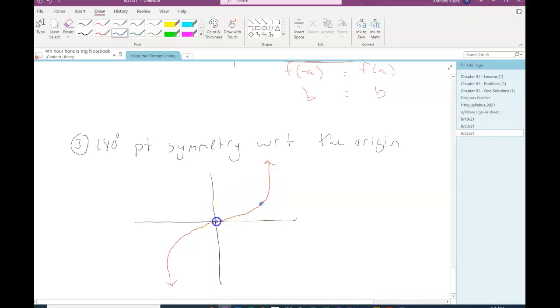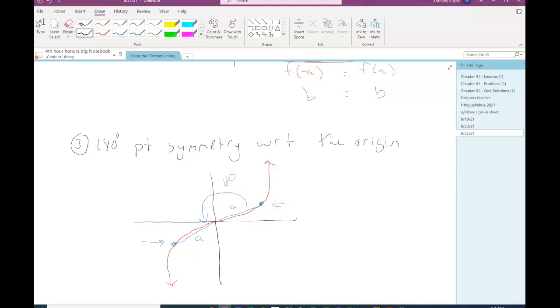So what this means is that if I tie a rope here to this and I rotate 180 degrees, that rope should again lie on the function. You could also think about this as a double reflection. If you reflect against the x and then against the y, you should get the picture. You reflect, you get the same thing.